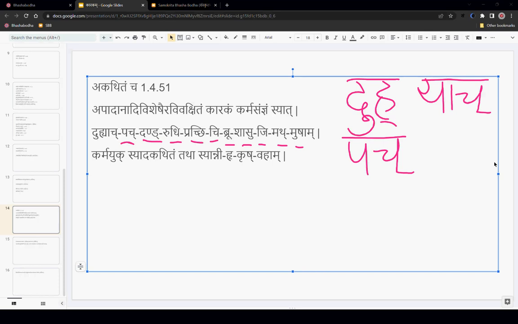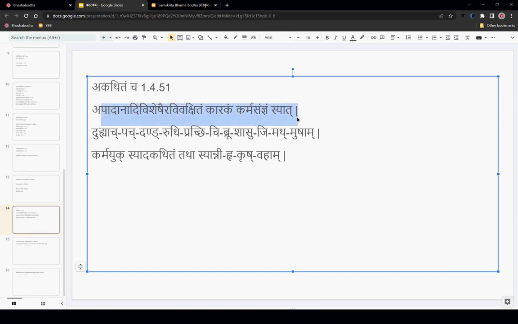It could be any karaka, like apadana, upadana, adhikarana, sampradana, etc. So in this kind of vakya formation, the person who is expressing is trying to avoid that kind of relationship of this word with the kriya. That's why when he tries to avoid the other karakas, then it automatically gets the karma sanjna. Because of that, dvitiya vibhakti is applied.